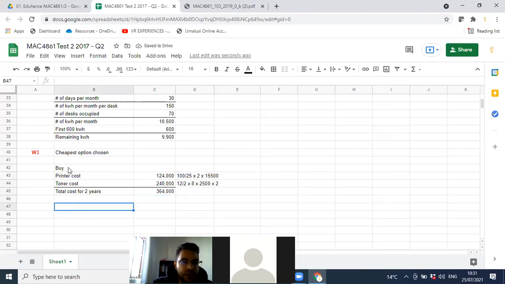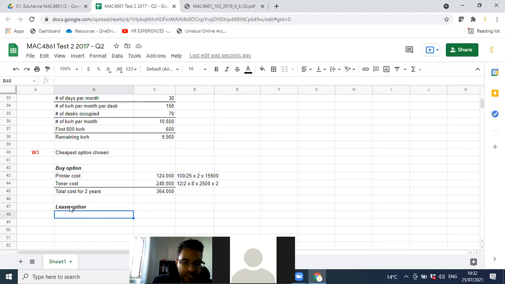Now we're going to do the lease option. Well, the lease option is going to be 25 cents per page.